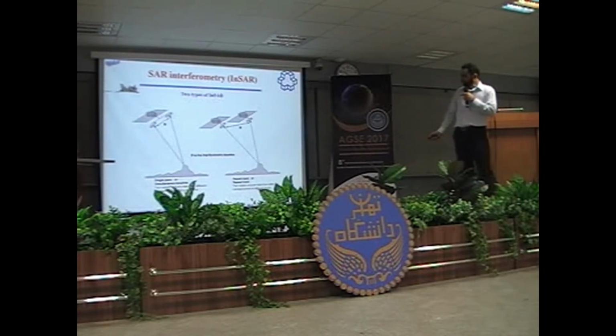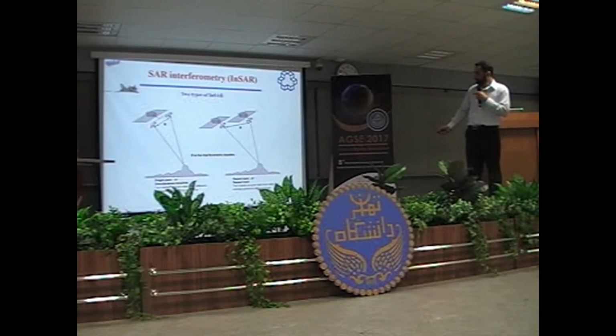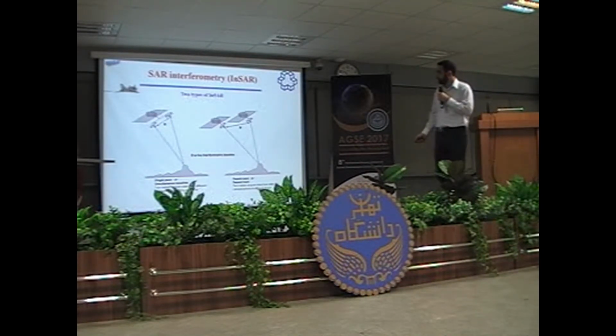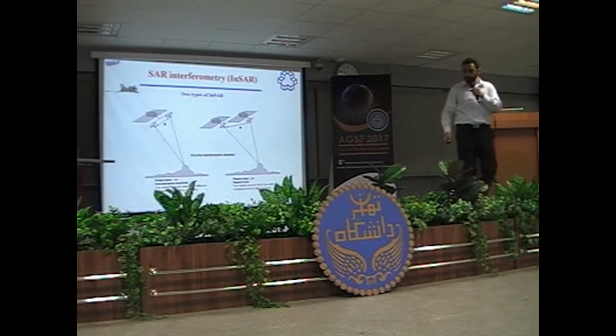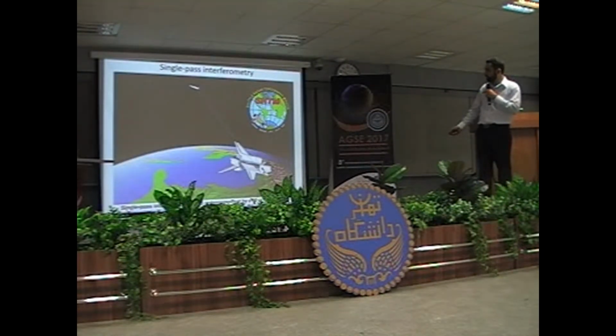You can see here, this is a baseline, and there is one satellite. There is a big baseline over that, because this is called single pass interferometry. Just in a single pass, two images are collected in a baseline. And the most important example for this is SRTM. I don't know if you have heard or used the SRTM DEM.